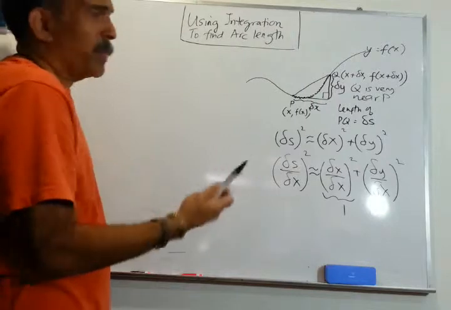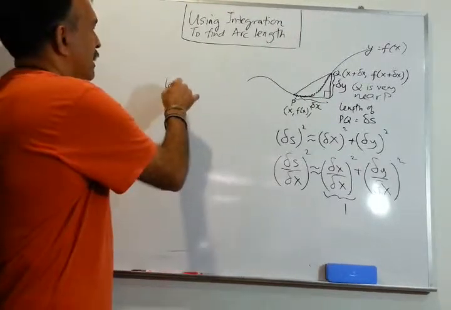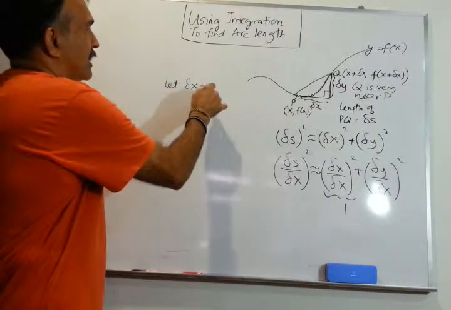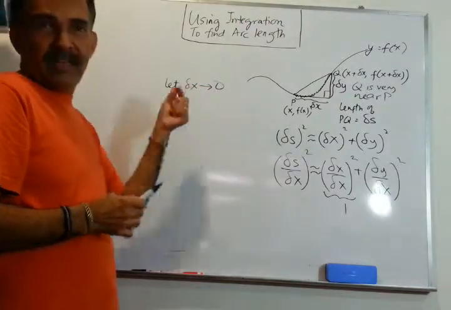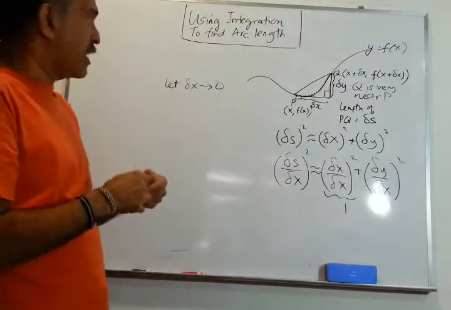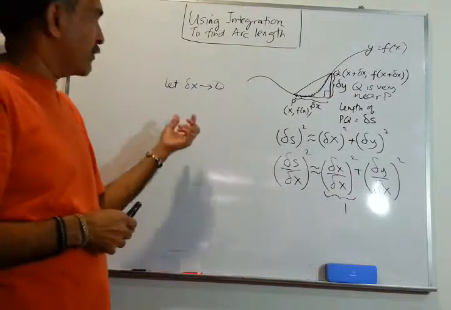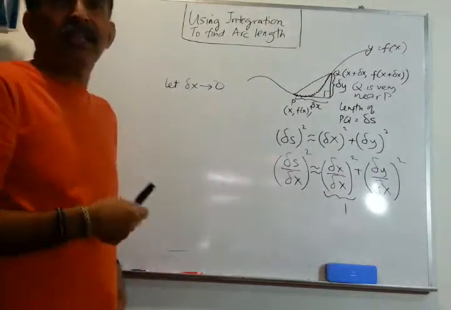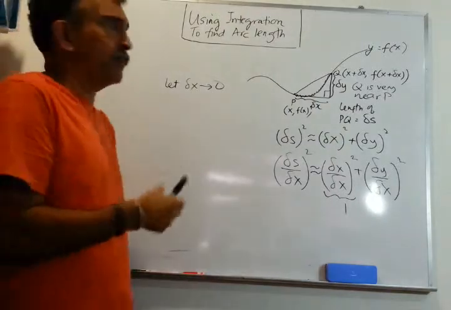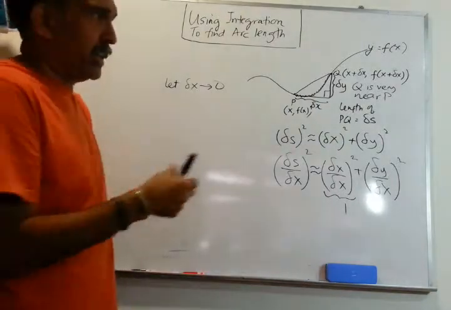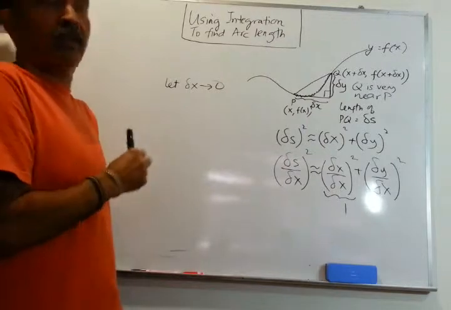What are we going to do? We are going to let delta x tend to 0. I want to remind you of a very important idea about delta x. This delta x is something that in calculus we consider measurable, as opposed to dx. dx is something that is infinitesimal.